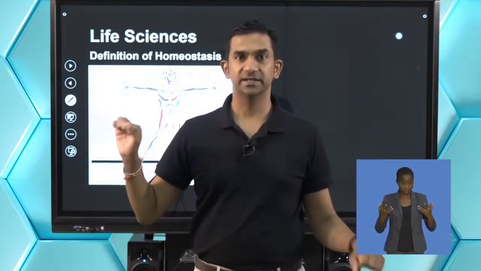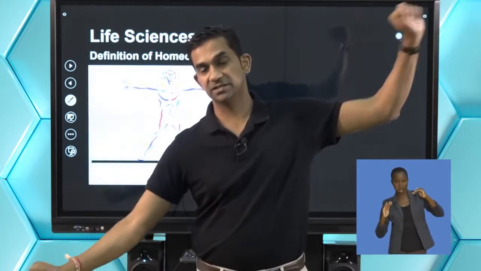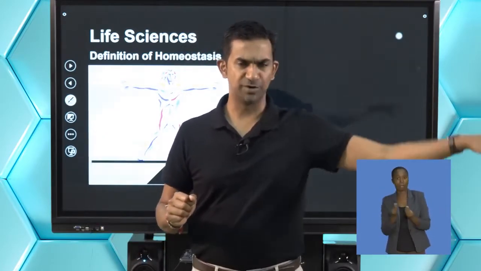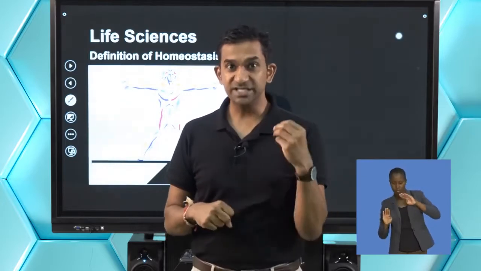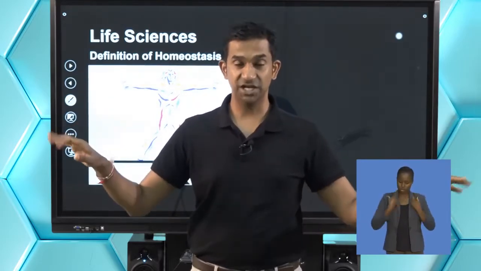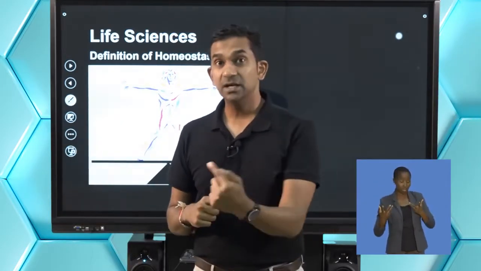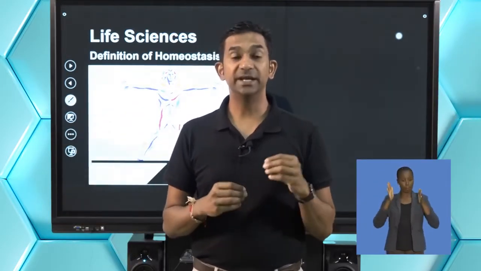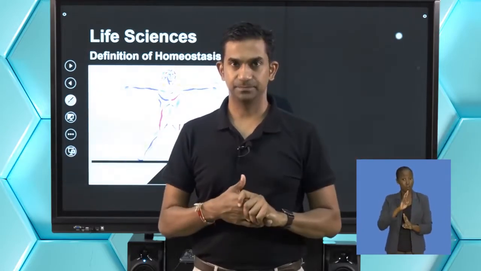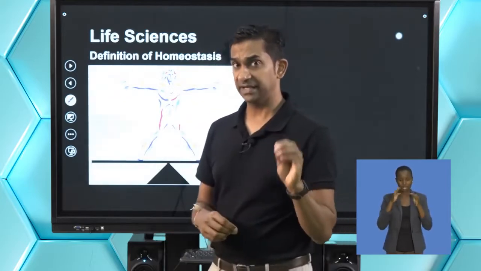If not, you'll find that if it's an unequal balance, the seesaw tips in a specific direction and you realize that, oh no, you're going to need to do something on the other end to bring it back to balance. So essentially, the body has to constantly do that. There's always a change from one to the other. And so the body compensates for that by bringing about a response so that that balance can be maintained. So we need to look at why this balance is important, and I'll answer that question in a little bit.